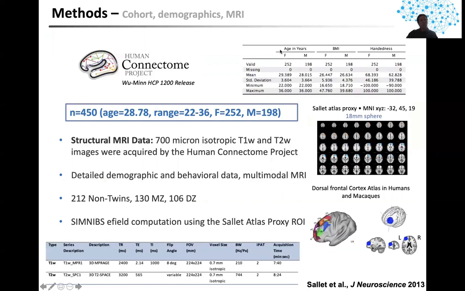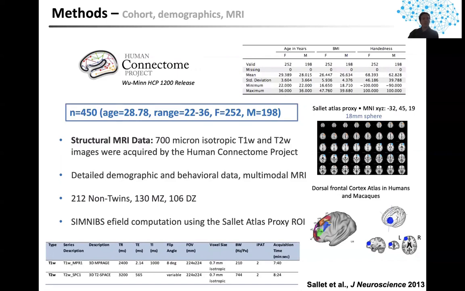The sample we used is based on 450 subjects in the age range of 22 to 36. There is a gender distribution of about 250 females and about 200 males.